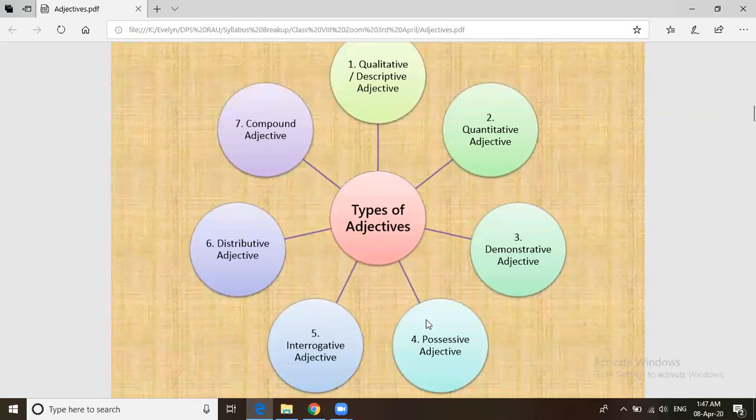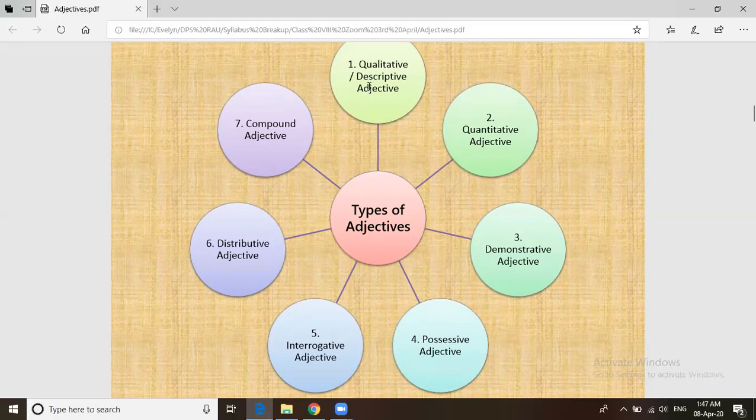Now, all the various adjectives that we have discussed fall into different categories. The kinds of adjectives are qualitative or descriptive. Like the easiest adjective that comes to your mind: she's a clever girl.